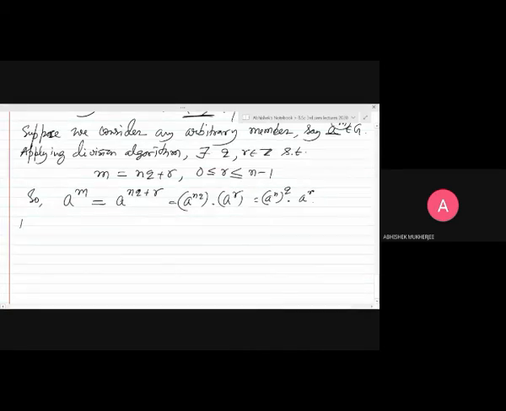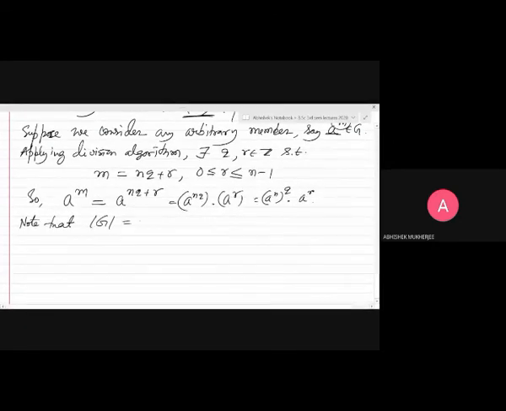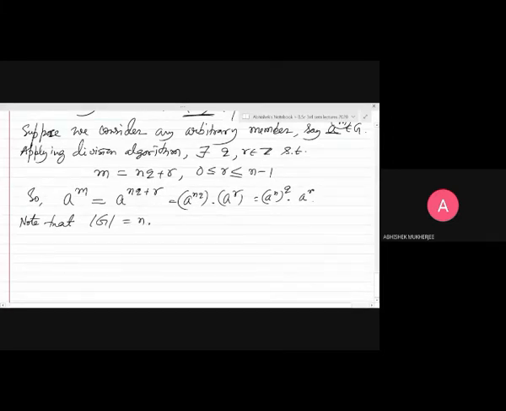Now note that the order of G is n. Then what is your a to the power n? What is your a to the power n?